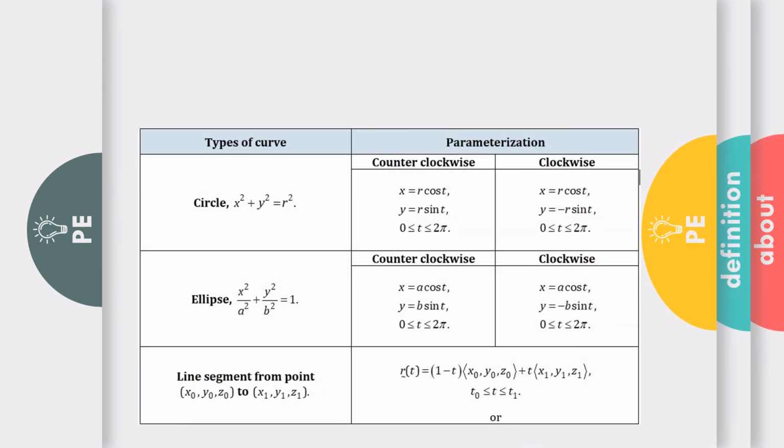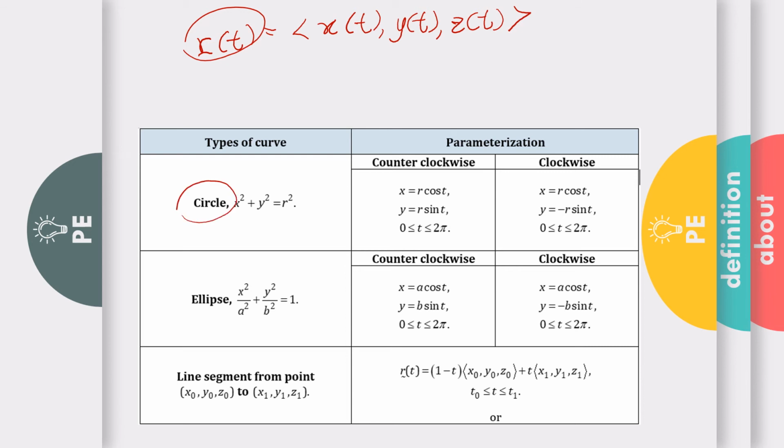This is a really important thing. Just now I mentioned you need to find out your parametric equation, which is given by x(t), y(t), and z(t). In order to fulfill this equation, you need to identify the type of curve. Let's say your type of curve is a circle.